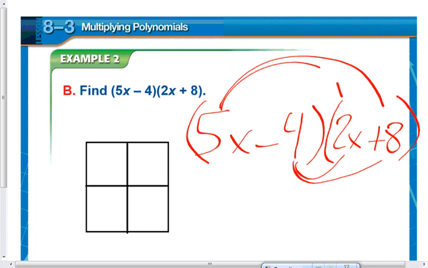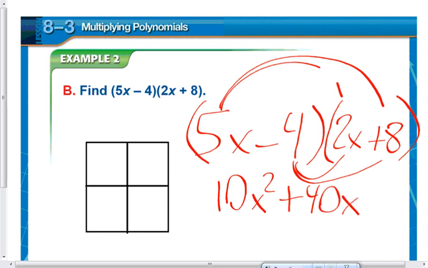All right, so 5x times 2x, that would be 10x squared. And that's because, obviously, just the numbers, 5 times 2, you got 10, and then x times x is x squared. All right, so for the next one, plus, and 5x times 8 is going to be 40x right there.